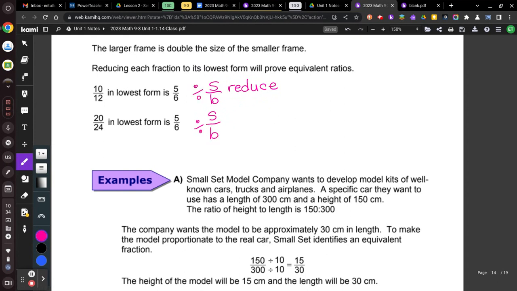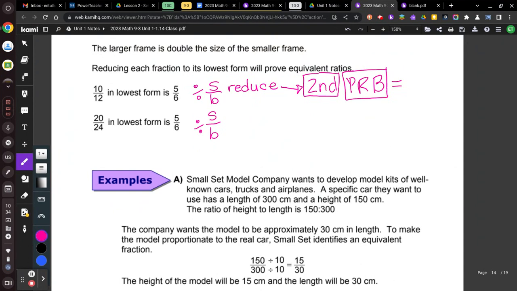So on our calculators, how do we reduce? We hit our second, and then PRB, and then equals. That tells us our lowest form of our fraction. So if we put in 10 divide 12, second PRB, we get 5 over 6.